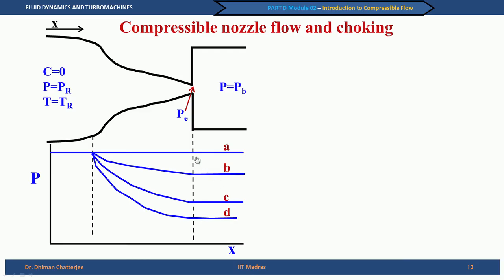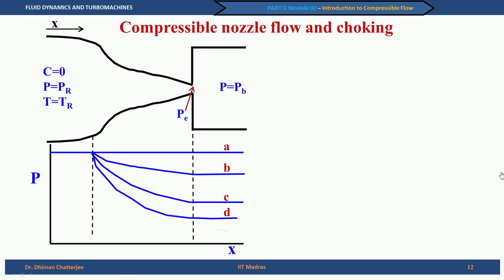The flow rate was increasing as we reduce pressure from P b at A to P b at D. But if we reduce pressure P b beyond D, what we will see is that there is no increase in flow rate and the pressure P e is not equal to P b.